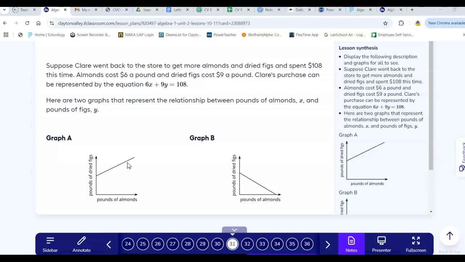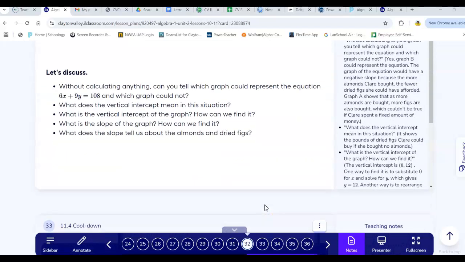It's a trade-off, right? The more figs she buys, the fewer almonds she can buy. And the more almonds she buys, the fewer figs she can afford. Okay? So this graph B would model the situation.